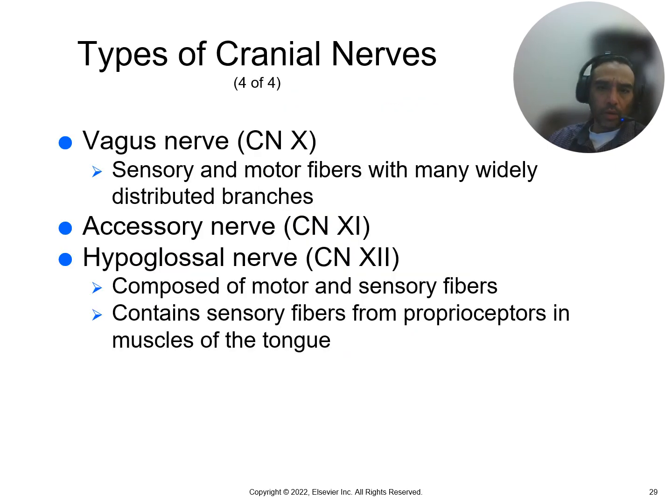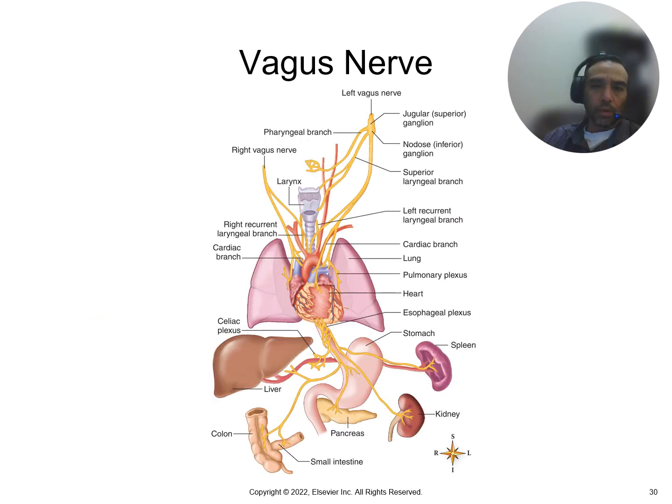All right. And here we have the last 3: vagus nerve, accessory nerve, and hypoglossal nerve. Cranial nerves number 10, 11, and 12. One slide just on the vagus nerve, cranial nerve number 10.